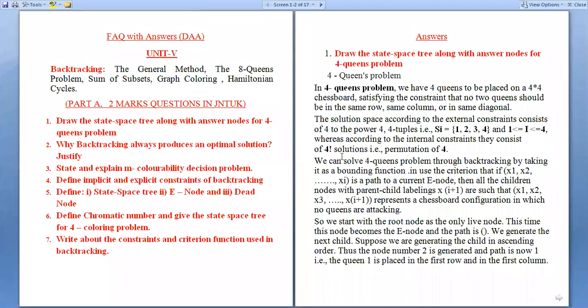So we can solve the 4 queens problem through backtracking. By applying backtracking, we solve the 4 queens problem by taking a bounding function.